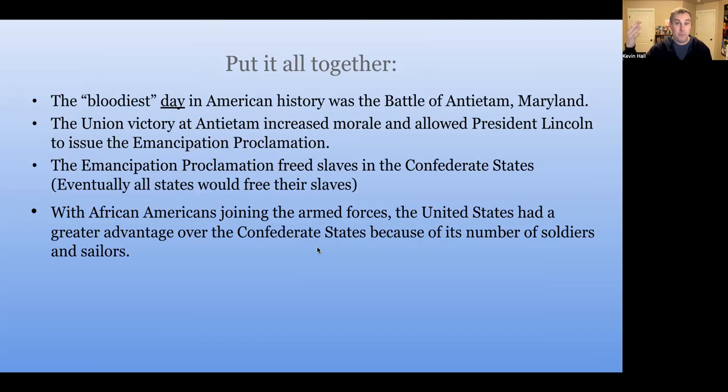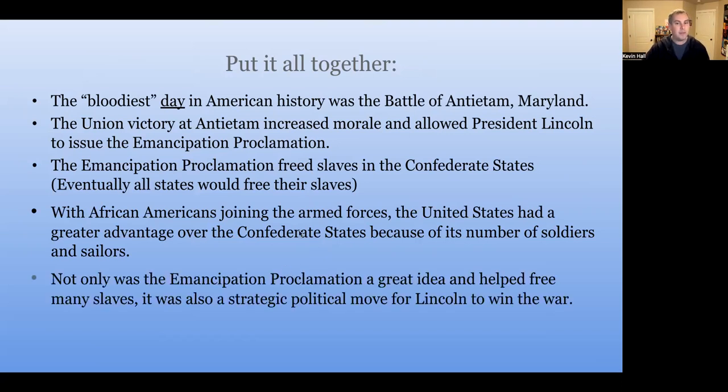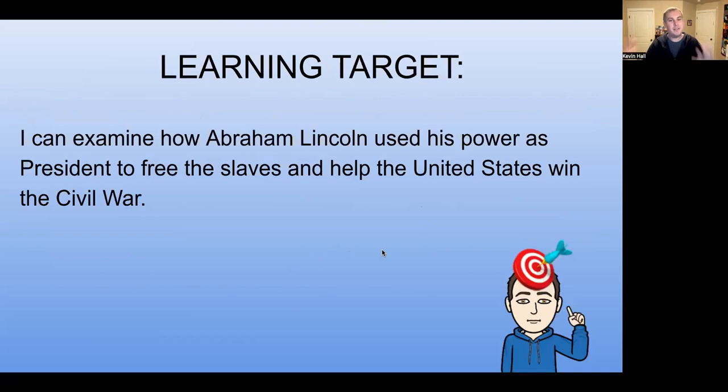With more soldiers and a renewed sense of purpose, the United States Army is going to win. So not only was the Emancipation Proclamation a good idea because it freed the slaves, but it was also a strategic political move that made Lincoln win the war. Pretty cool stuff, right? So there we go. That's how Lincoln used his power as president to free the slaves and help the United States win the Civil War.